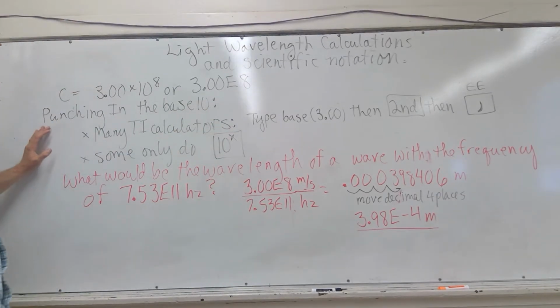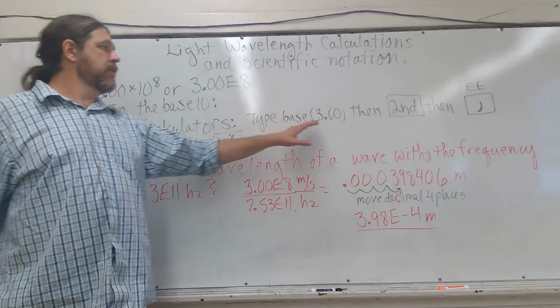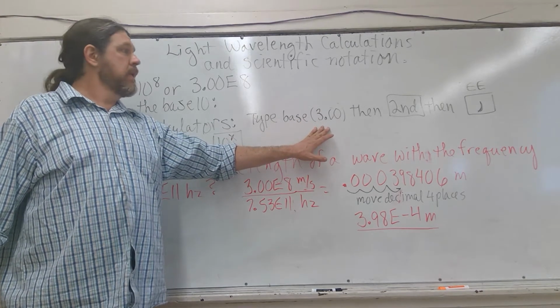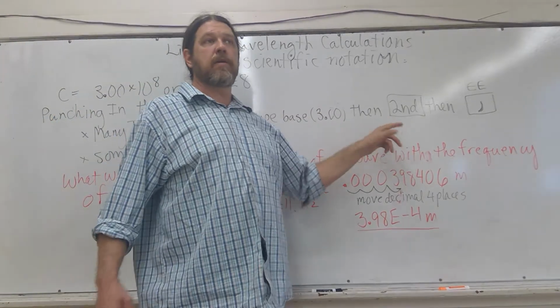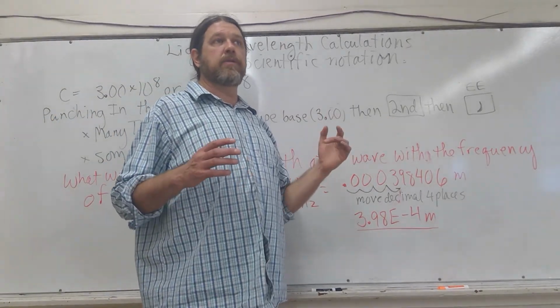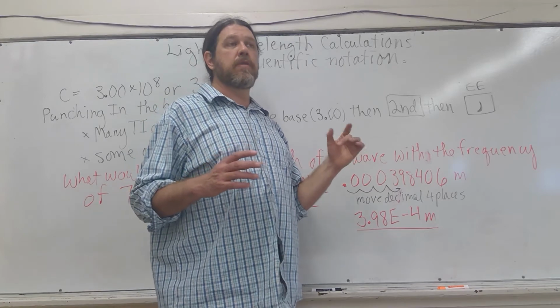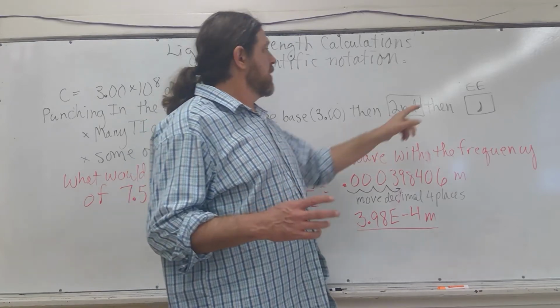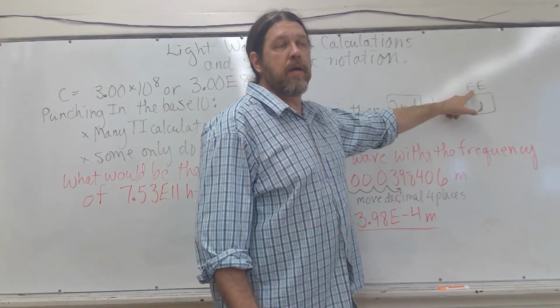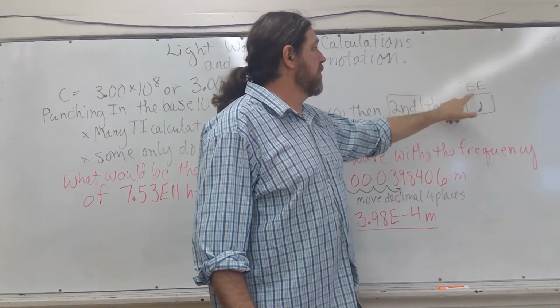So the way that most calculators that high school students in the United States represent this type of number is some variation on the Texas Instruments design, where your base value is typed in, and then you hit the second function button, which basically changes the use of each button to the little operator that is above the button.